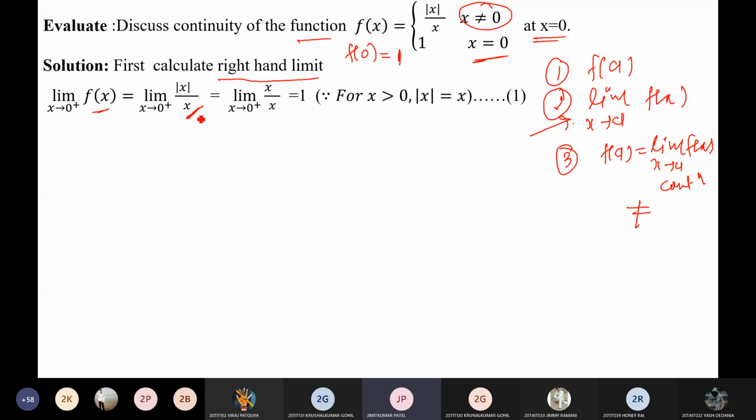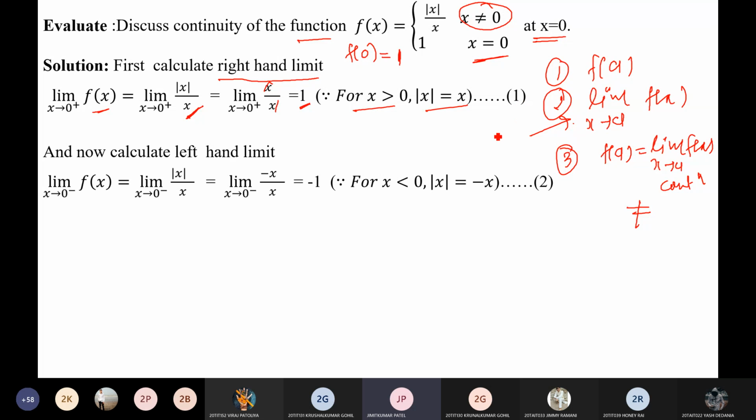Now for 0 plus, what is my mod of x? x is positive, so x only will come. So modulus of x becomes x divided by x. If you cancel it, then you have the answer 1, because for x greater than 0, modulus x is equal to x. This is our equation number 1.